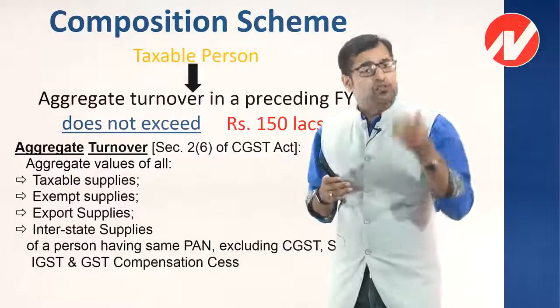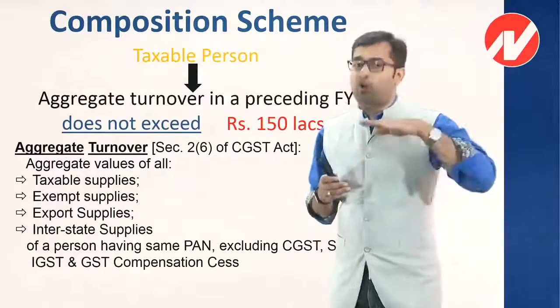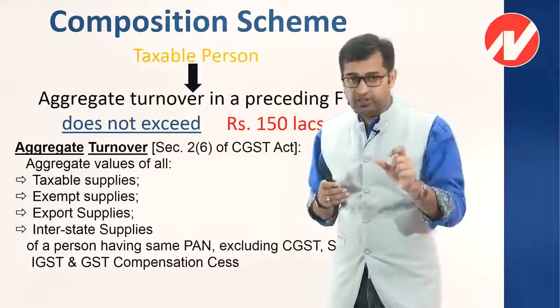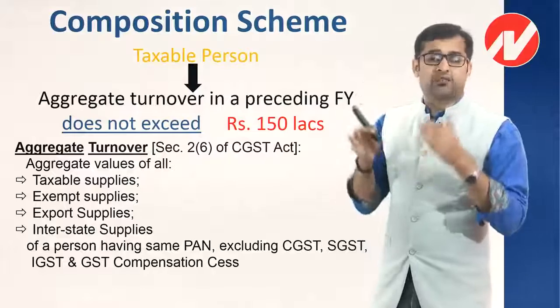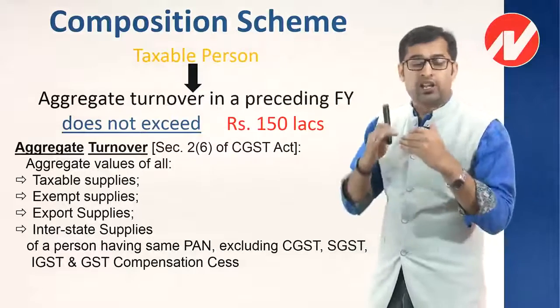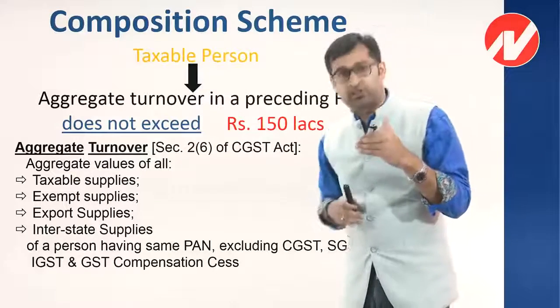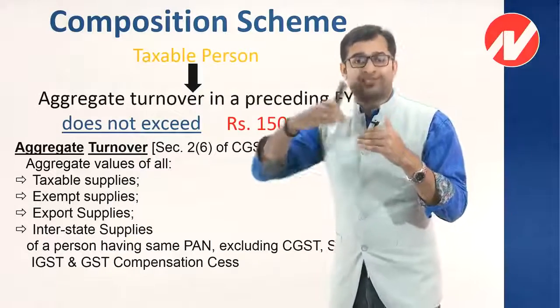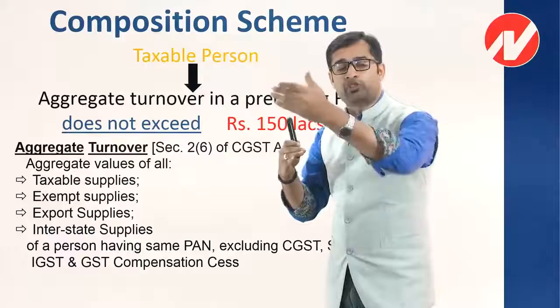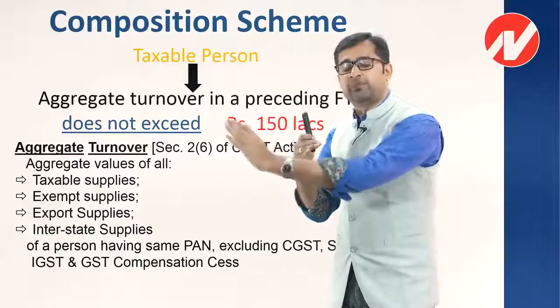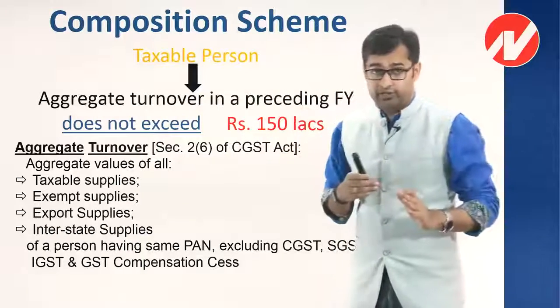So that is where law has further kept a norm, has kept a criteria under section 10, which very clearly says that in current year you are eligible for composition scheme only up to the turnover limit which has been prescribed. The moment you cross that limit, from current year only for remaining portion you are out of composition scheme, and in subsequent year you are automatically out of composition scheme.